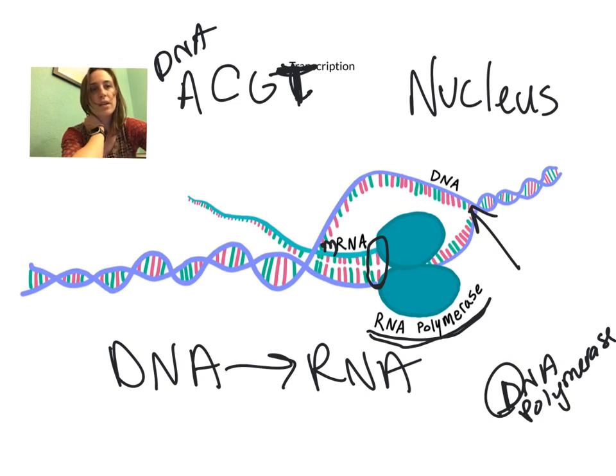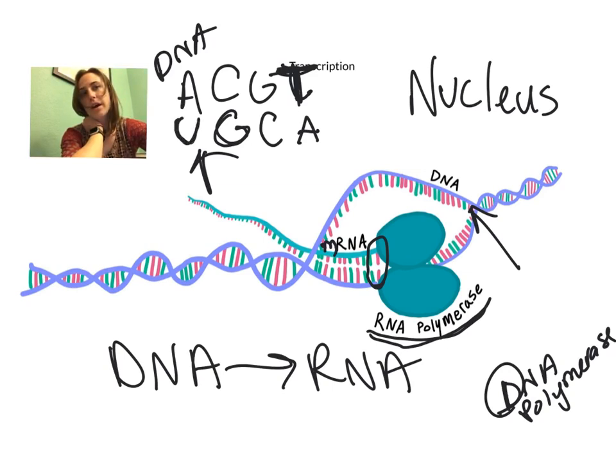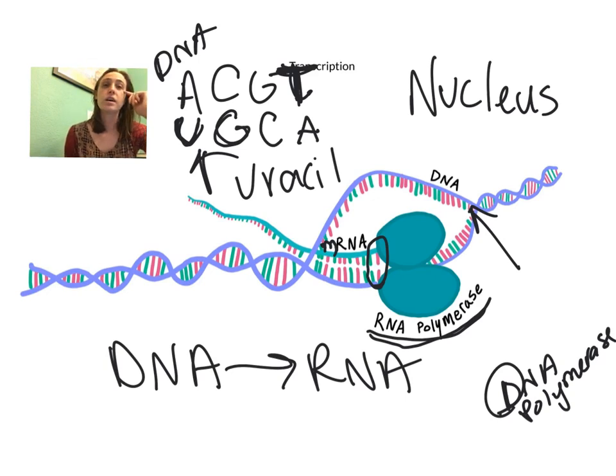So with the T, it's going to place an A. With the G, it's going to put a C. C, it's going to put a G. Now remember, based on what we just saw on the last slide, we're going to put a U here, okay? Because we don't have thymine available. Instead, we have something called uracil. So uracil is going to be available instead.